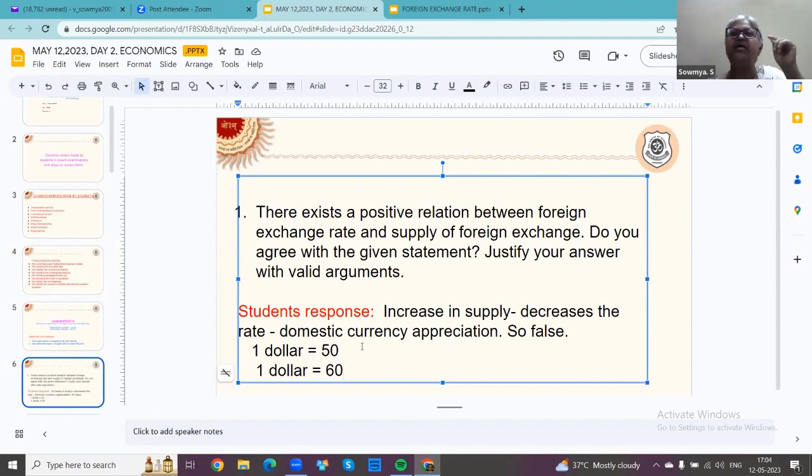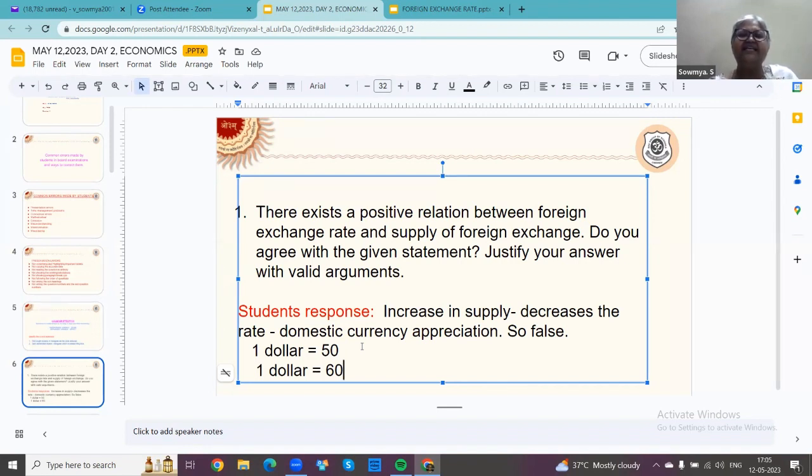Now for the same $1, they will be able to get 60 rupees worth of products. So for them, our products will become cheap. They would love to import from us, or rather for India, India will be able to export a lot more to the other country. So that will bring in more supply of foreign currency.